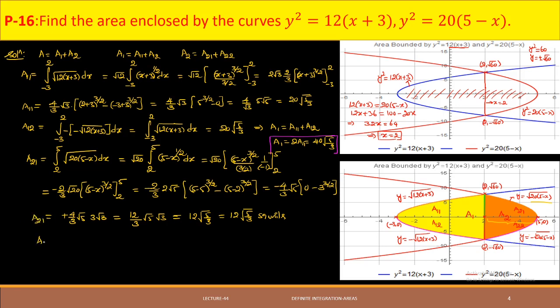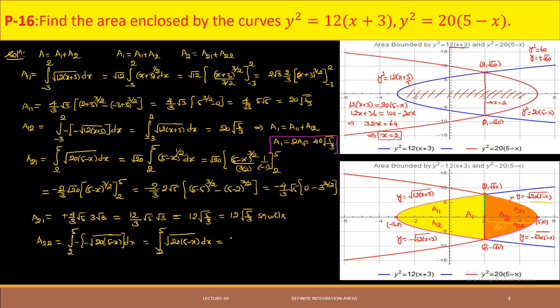Now what is the A22 value? A22 is equal to, now we have to find this portion of the curve. So that is the integral from 2 to 5 of minus of minus root of 20 into 5 minus x dx, which is equal to the integral from 2 to 5 of root of 20 into 5 minus x dx.